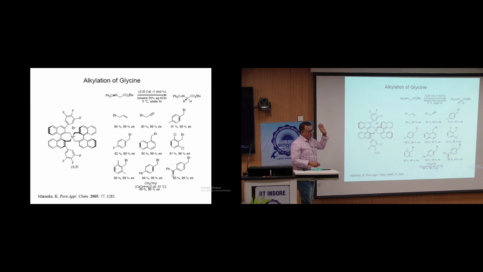We had also used it in earlier cases, but you see the substrate scope. He has added allyl bromides, propargyl bromides, benzyl bromides, many bromides alkylating this position. Potassium hydroxide, fantastic reaction with water.